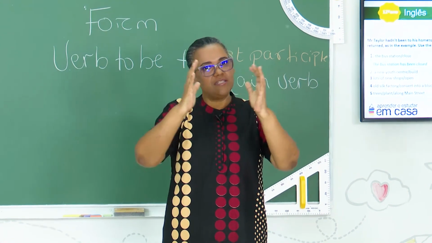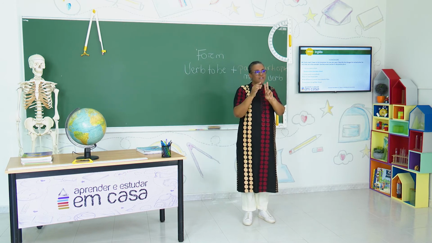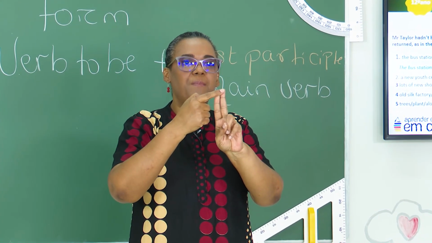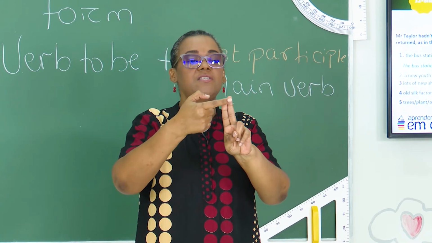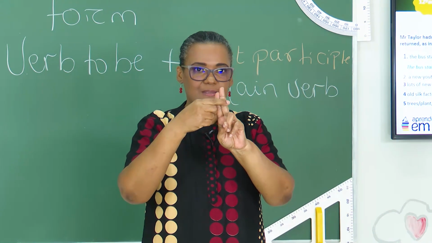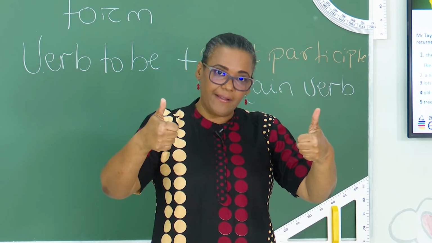So, in general, that's what we've seen. And we also saw two tenses that don't go into passive voice: present perfect continuous and past perfect continuous. You did the exercise and you did very well.